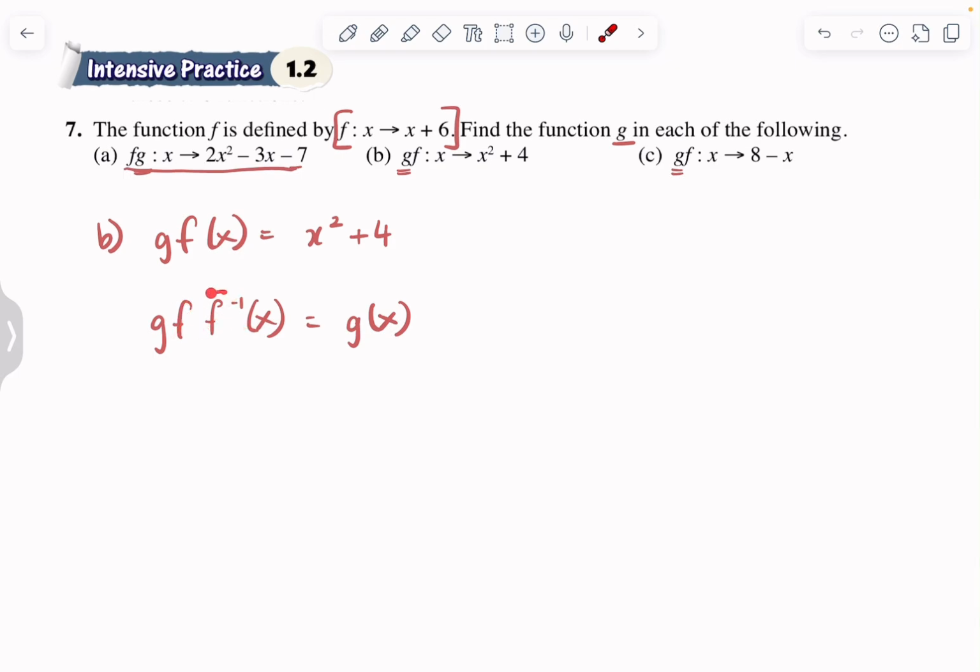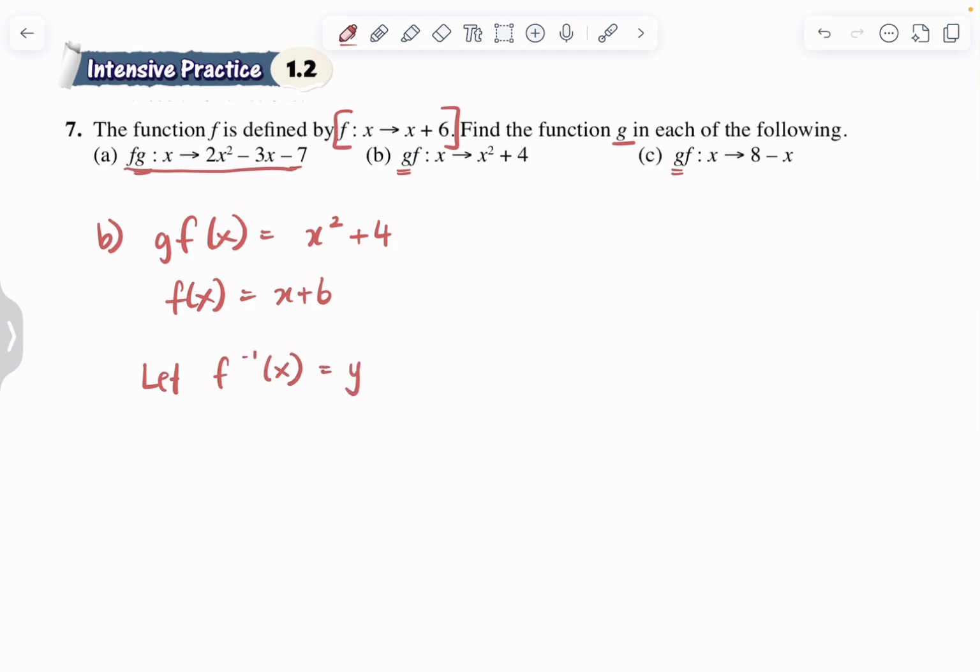So we need to find what is f inverse(x), and then we have to put it into the g(f(x)). Okay, let's try. To find f inverse(x), we know f(x) is x plus 6. So we let f inverse(x) equal y.